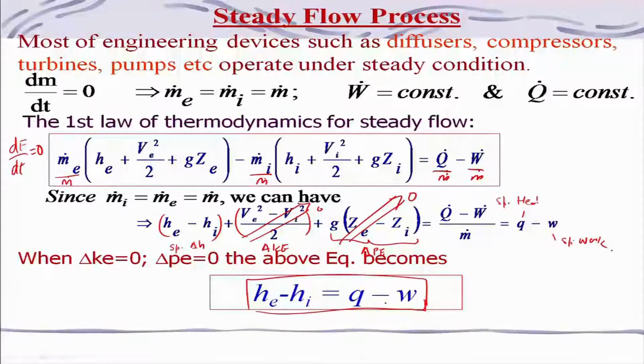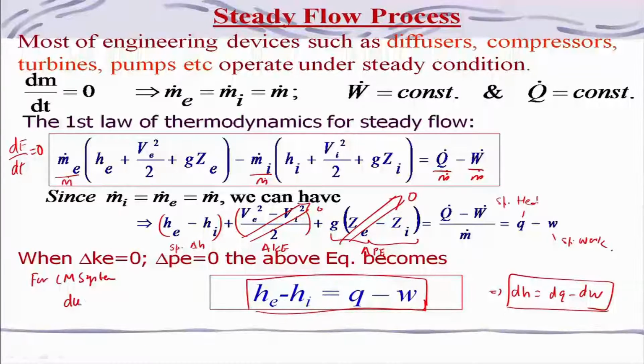Is it similar to the first law of thermodynamics for a control mass system? Yes or no? I can write this as dh is equal to dq minus dw. I mean, this equation is similar to that, right? What is the first law for a control mass system? That is du is equal to dq minus dw.